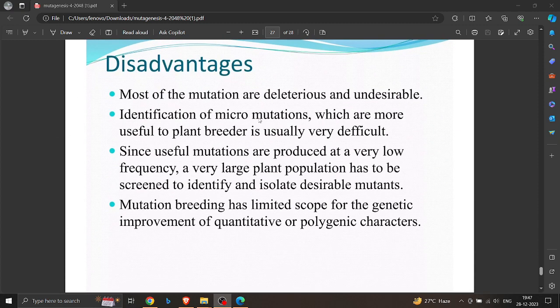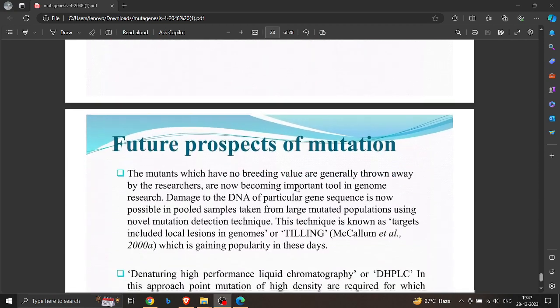Most of the mutations are deleterious and undesirable. Identification of mutations that are useful to the plant breeder is usually very difficult. Mutation breeding has limited scope for genetic improvement of quantitative and polygenic characters, and isolation of desired mutations will be more difficult for them.